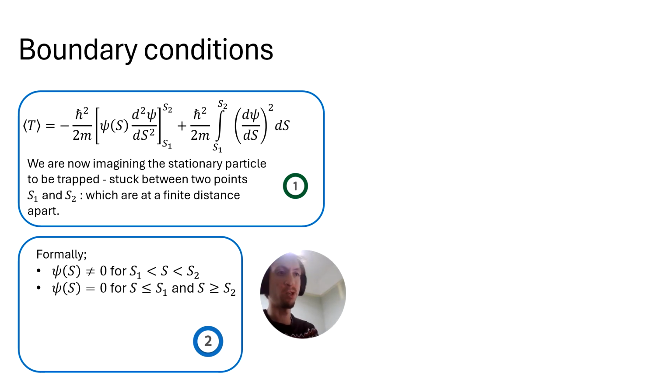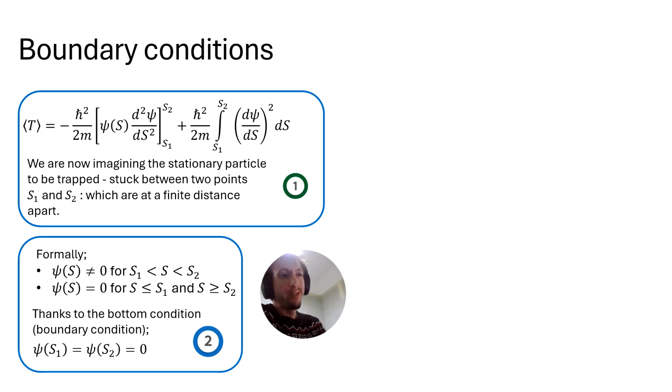So because the wave function is continuous, as is required to get a continuous probability density function from it, if psi is 0 outside of the region, then psi at S1 and psi at S2, so at these boundary points, also has to be 0.